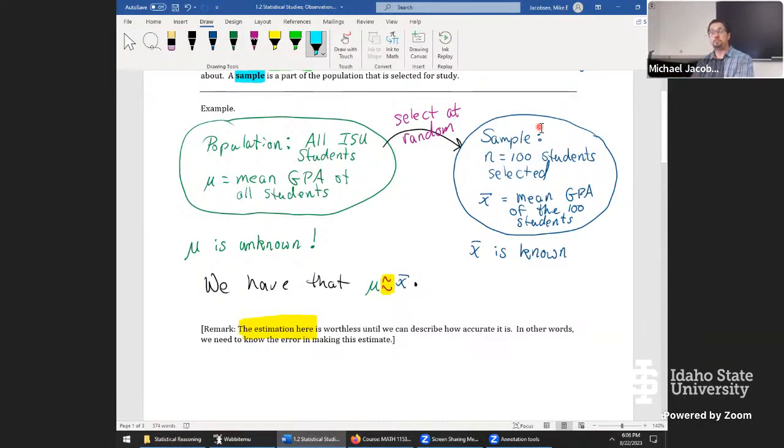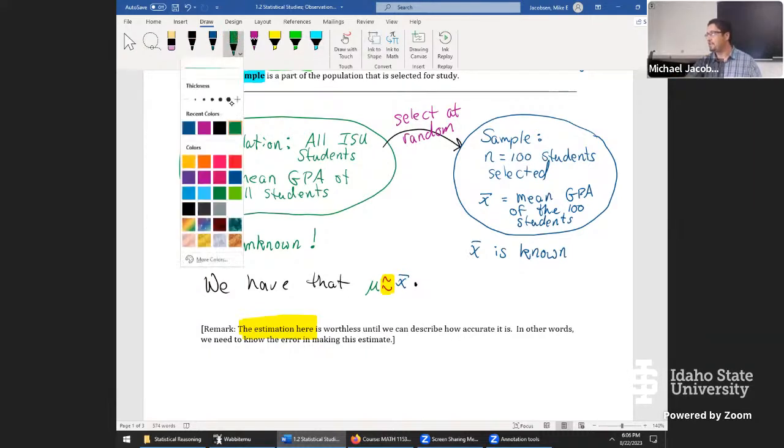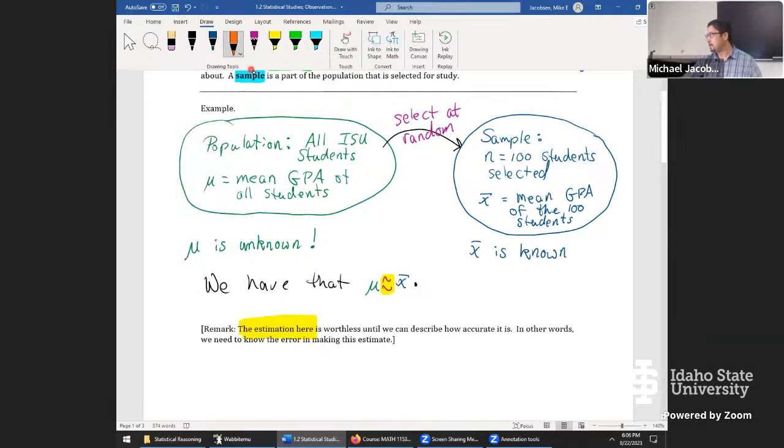We're not doing anything to them, we're just recording their GPA and taking the average of that. So that's what we would mean by an observational study. In fact, let's just add a quick note right here. This is an observational study. I'll put that in parentheses since it was an afterthought.